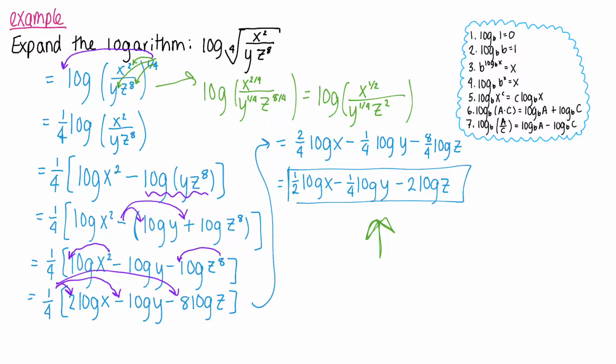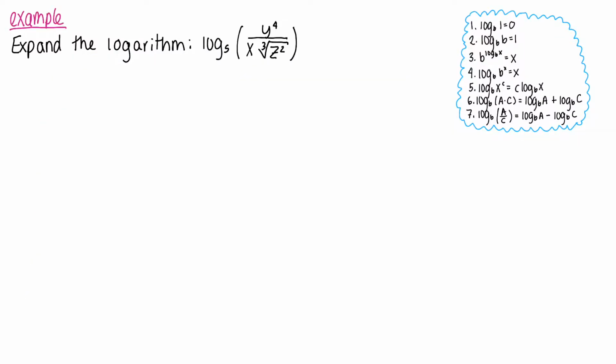We can formalize this and then use it to our advantage. So when we go to do this problem here, I want you to keep in mind that if the factor is in the numerator, then it's positive, or a plus sign.